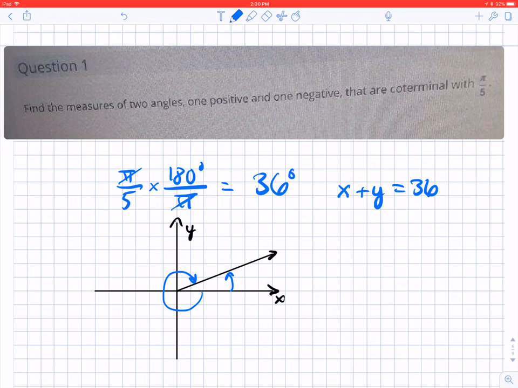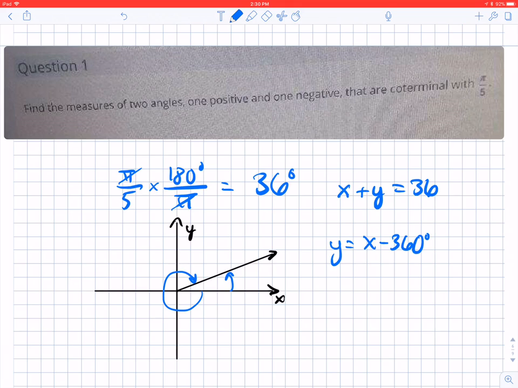We need x to be positive, and to get the other one, y is going to be x minus 360 degrees. If you start with your angle that's a positive 36 and then subtract 360 degrees, you should be back to that same angle, because you did a complete revolution.